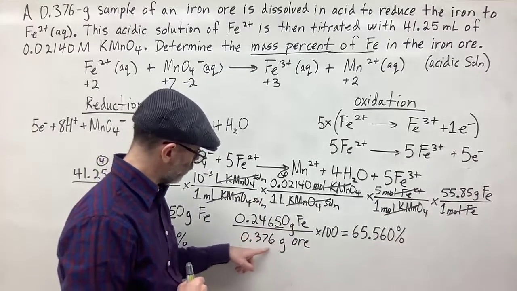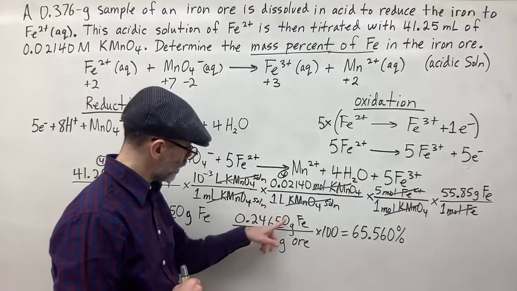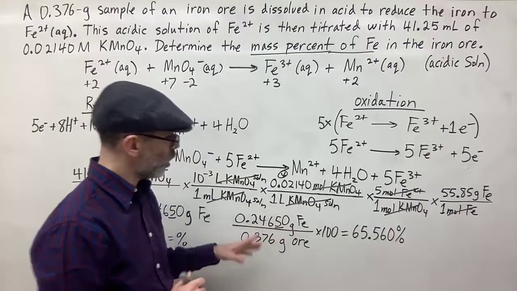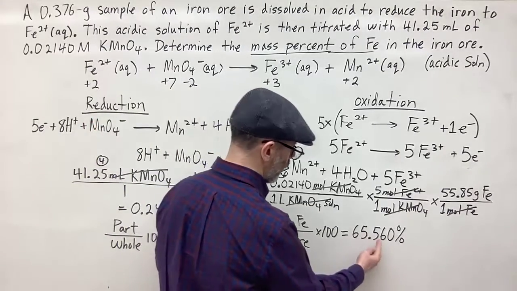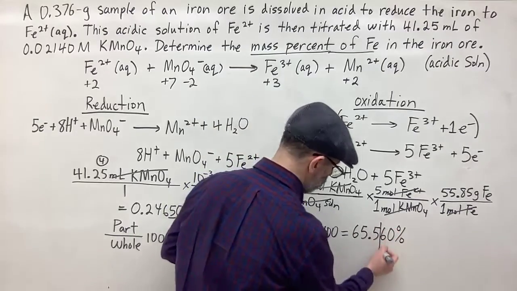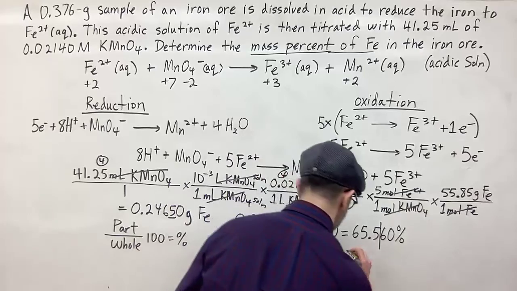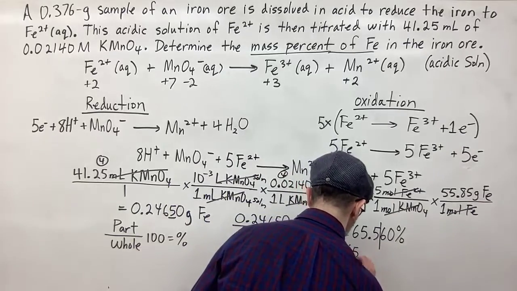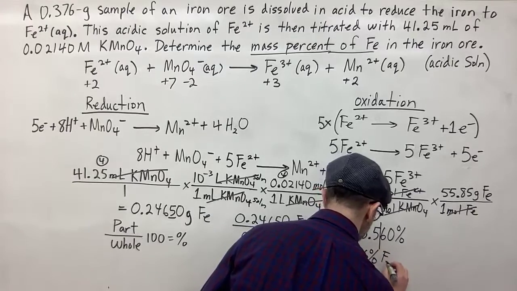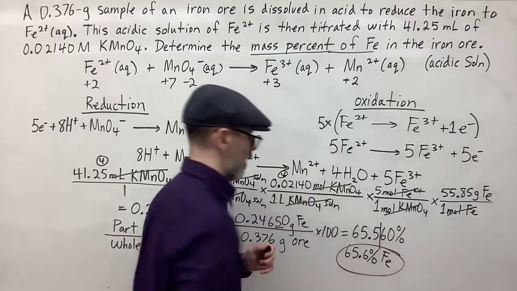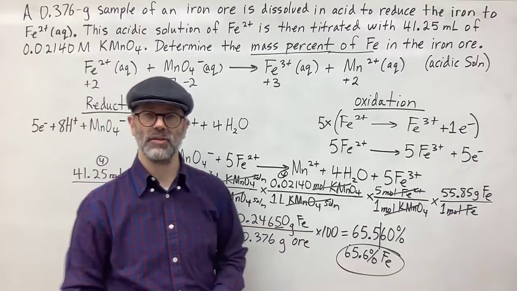Here I have 3 sig figs. Here I have 4, because this 0 doesn't count. So the least number is 3. So I've got to cut it off at 1, 2, and 3, after the 5. This is a 6, so I've got to round this 5 up to a 6. So it becomes 65.6% iron by mass. And so that, ladies and gentlemen, is the answer to this question.